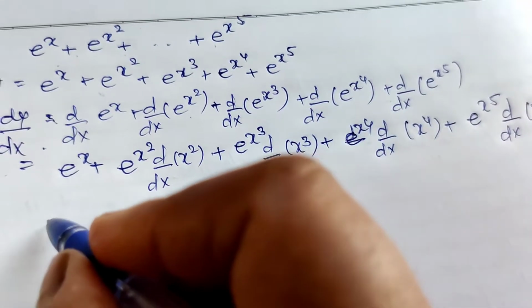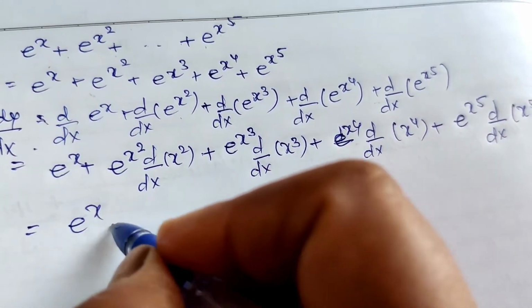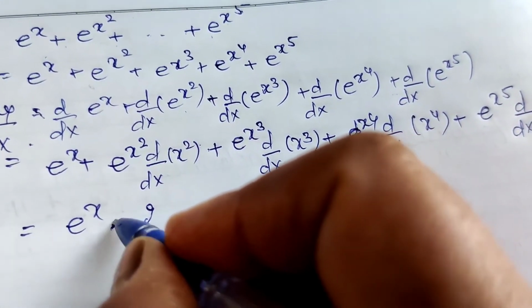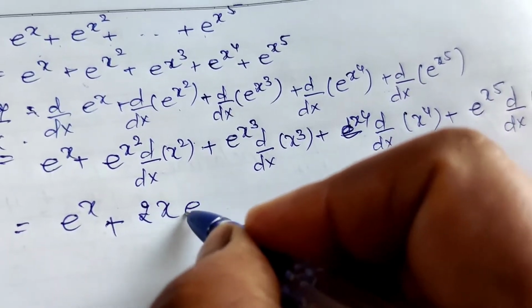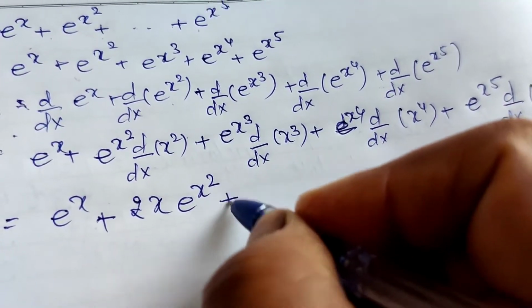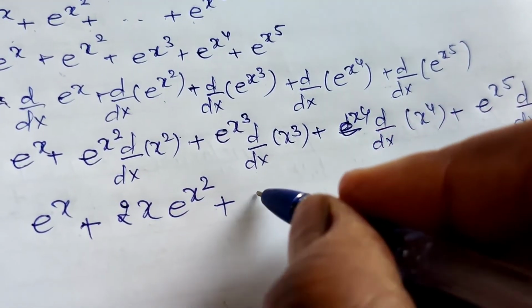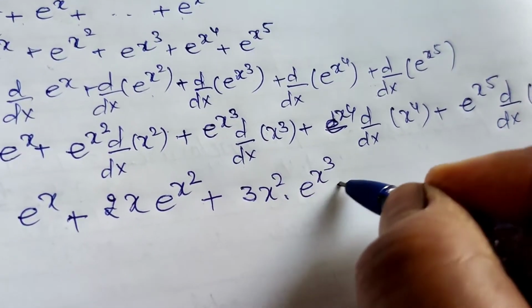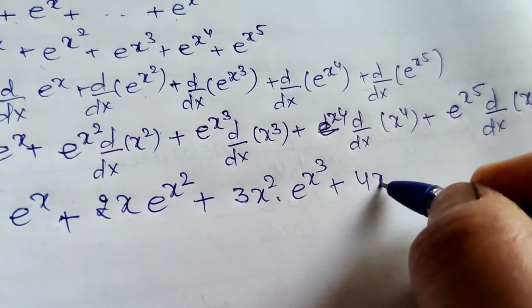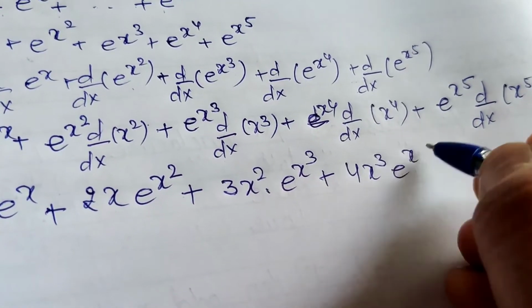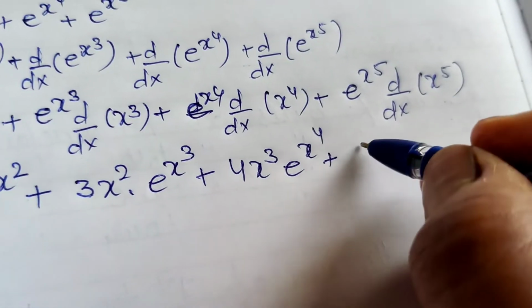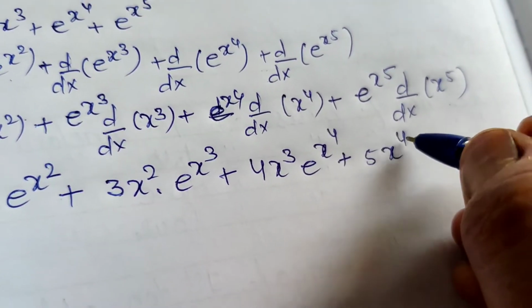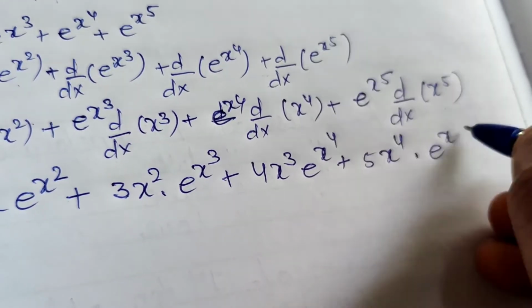Now the final answer is e raised to power x plus differentiation of x square, 2x e raised to power x square, plus differentiation of x cube, 3x square e raised to power x cube, plus 4x cube e raised to power x raised to power 4, and 5x raised to power 4 and e raised to power x raised to power 5.